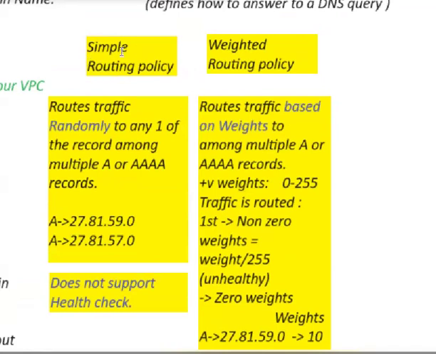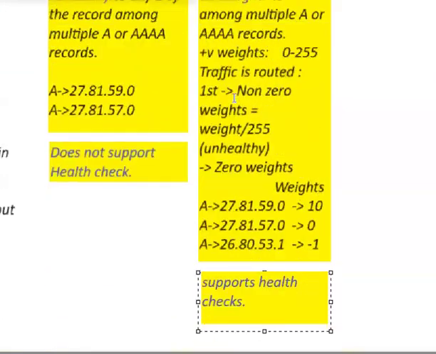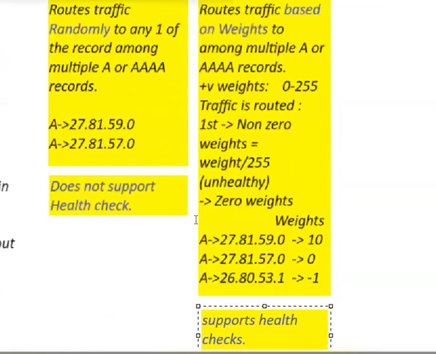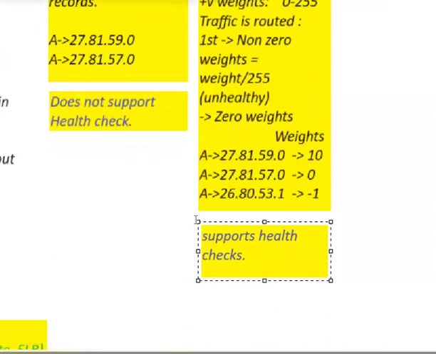So since here all the requests won't get a response, because whenever you send a request to an unhealthy record, does it provide you a response? No, right? So here all requests do not get responses. Whereas the weighted routing policy, or the policies which support health checks, are able to provide the response by what?